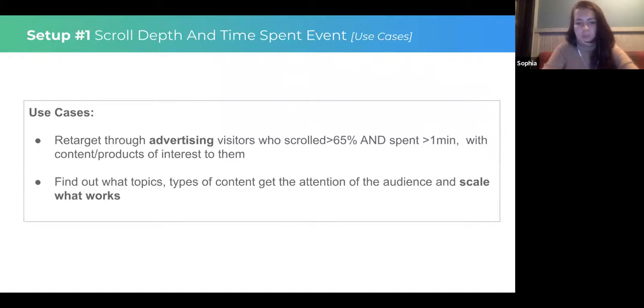Also, it's a nice way to understand which topics, pages, and types of content get the attention of the audience, so you can scale more of that. It might be that you have a few articles on the blog and you want to build more content, but you don't know what's getting the attention. So it's a very useful and efficient way to do it.